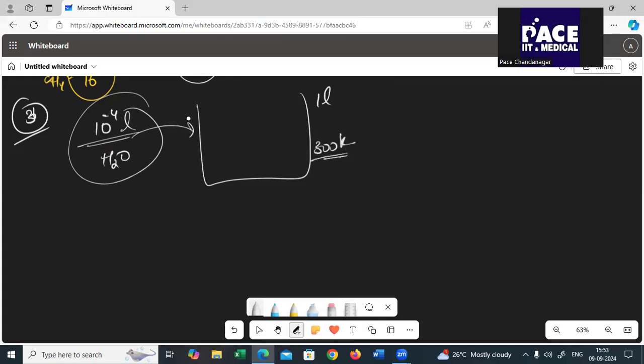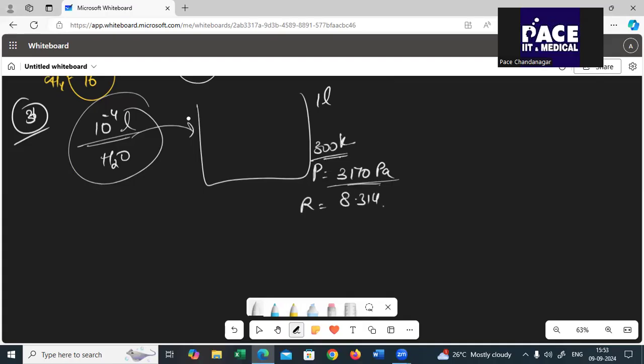How many moles of water are there in the vapor phase when the equilibrium state is established? The vapor pressure of water at 300 is given to you as 3170 pascals, and the R value you should take as 8.314.